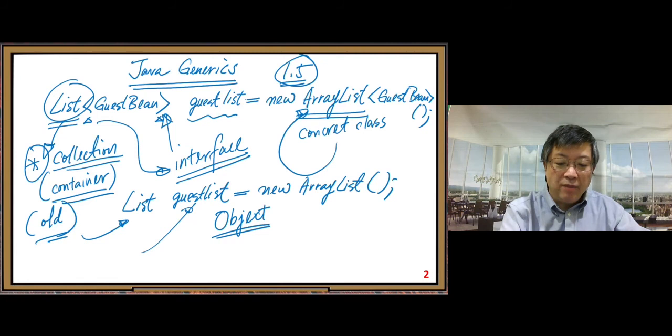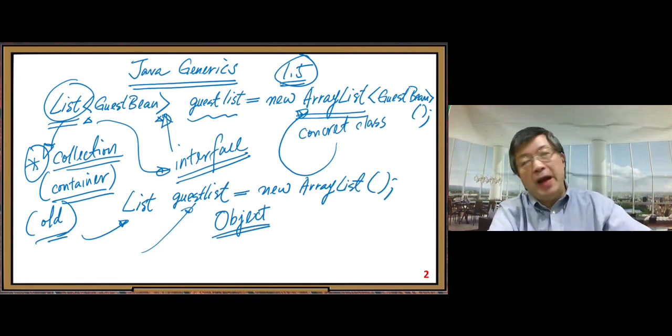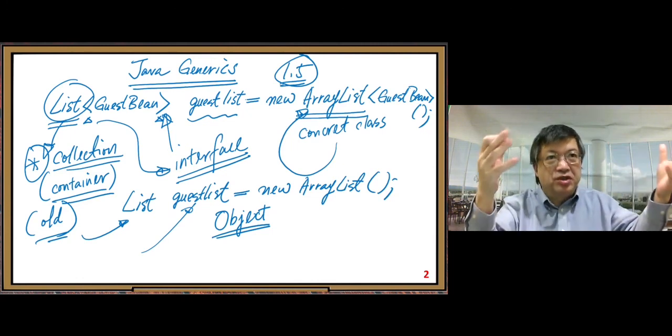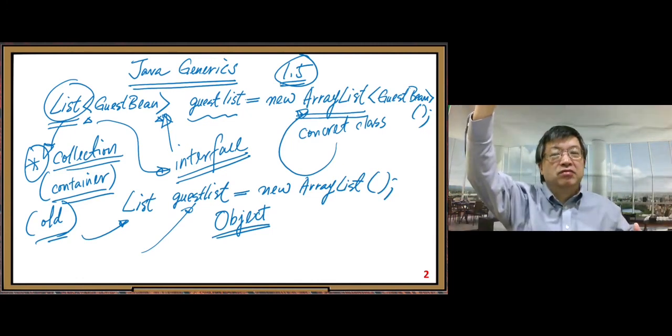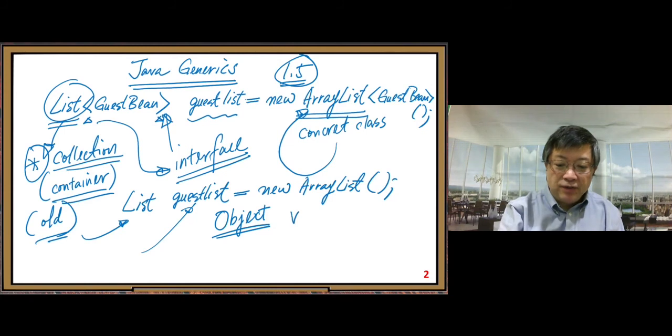Any Java object type you place, it is valid. That means you can even put different object types in a list collection object, various object types.